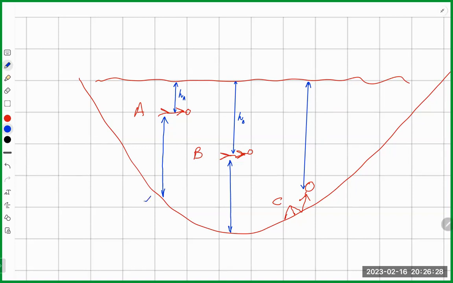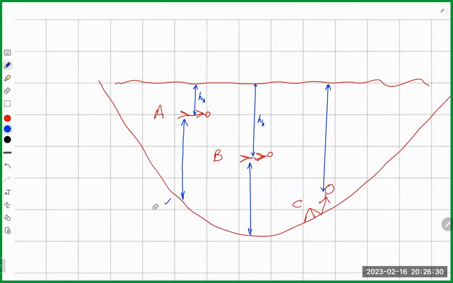C. That's why C will be under maximum pressure.